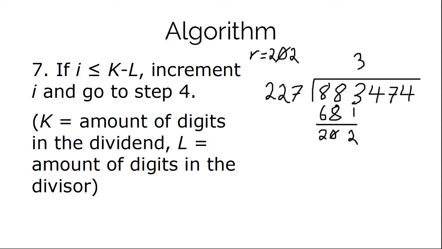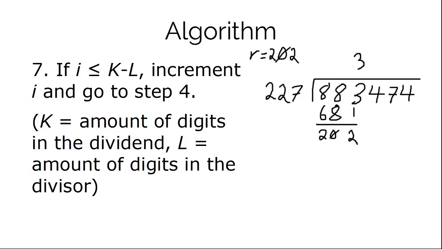So if the initial intermediate dividend has the same amount of digits as the divisor, then the remaining digits that we're actually iterating through is just the digits in the dividend minus the digits in the divisor. So again, to reiterate, this is going back to the start of the iteration if we have to.